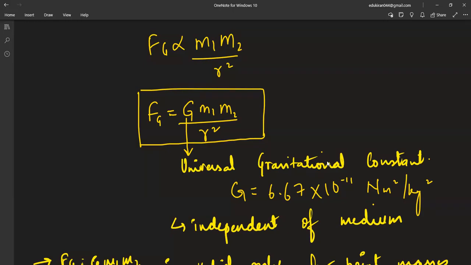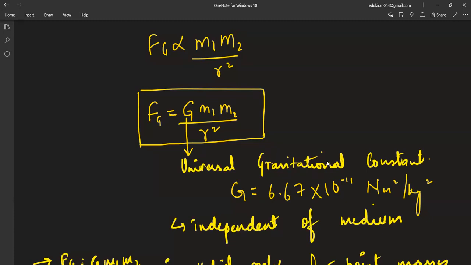Universal law means, see, if I talk about Earth and Mars, both the planets are present in the vicinity of each other. Or let's talk about Earth and the moon of Earth. Both are also present in proximity of each other. So it is valid for moon and Earth.